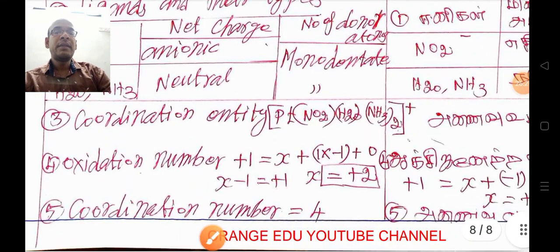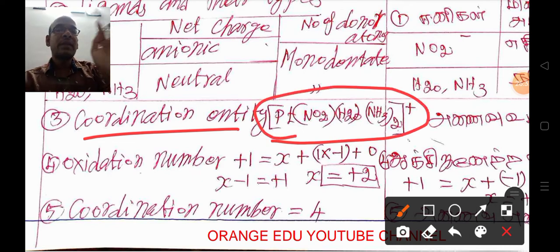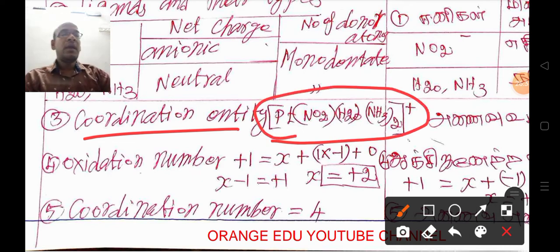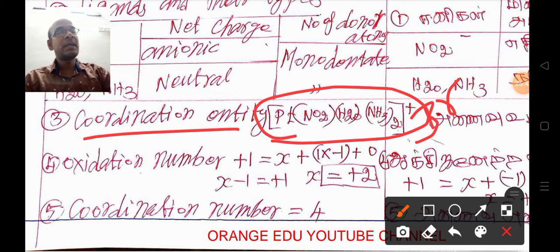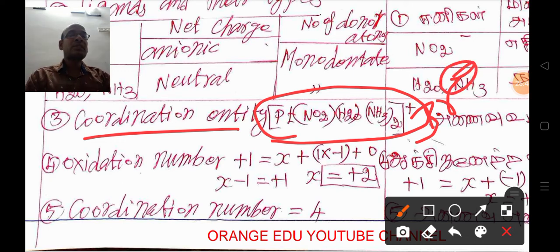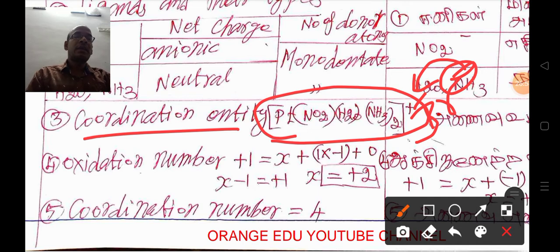Therefore, you can write this square bracket area. Outside this, Br is called a simple ion or counter ion or ionizable ion. Br has a -1 charge. For balancing, -1 means for balancing +1. Therefore, we put the net charge on the complex ion as +1.